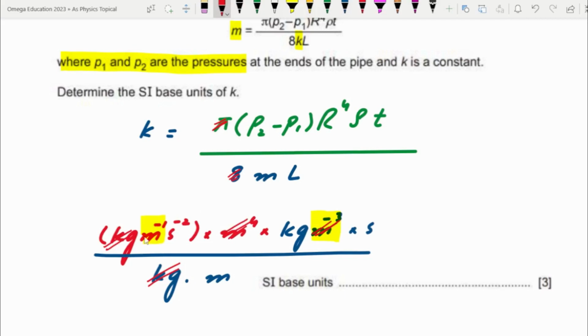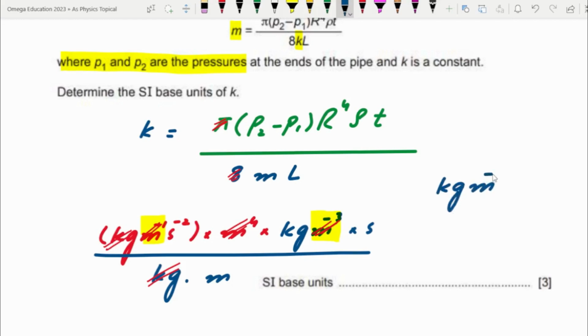Let's talk about the seconds. We have s minus 2 at the beginning, then we have s, and we are left with 1 meter at the bottom as well. We'll deal with that one as well. First, I'm going to write kilogram because one of the kilograms was remaining.